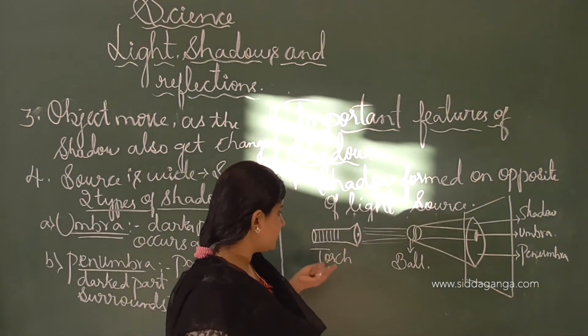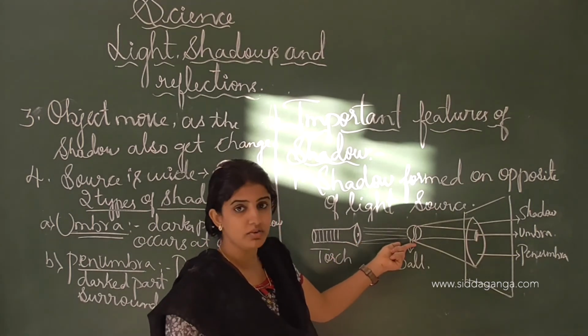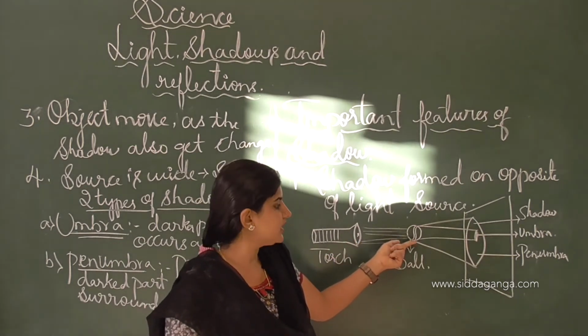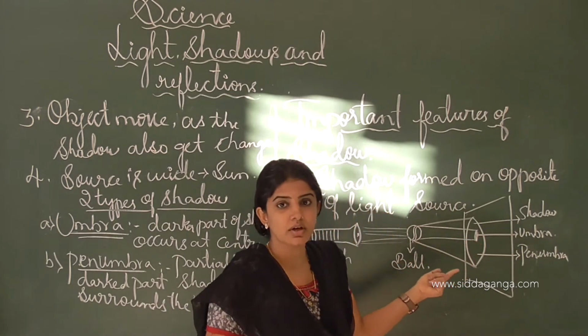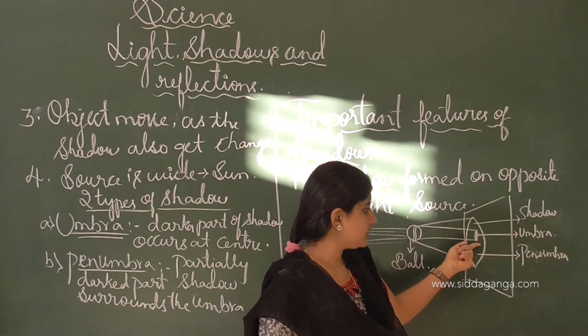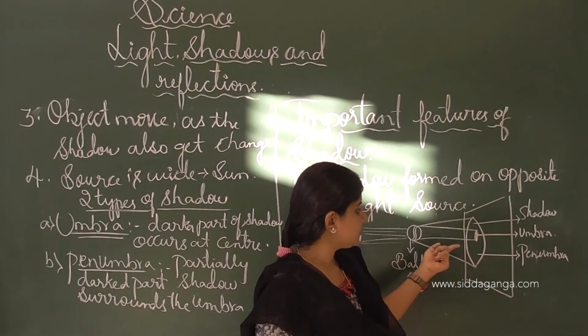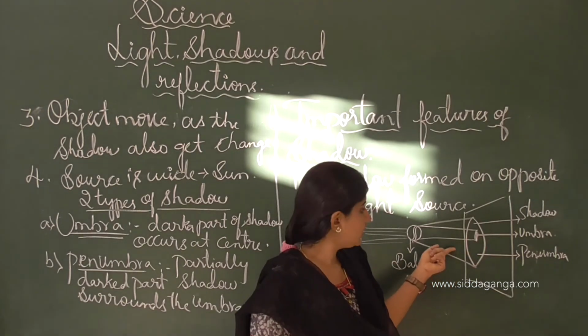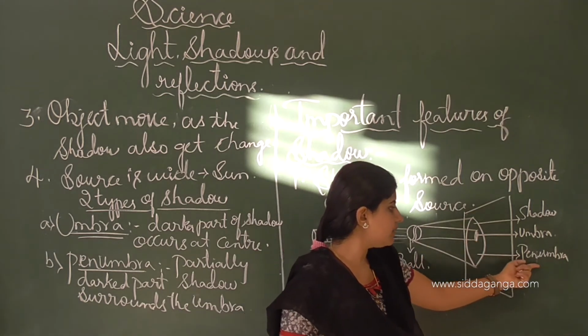If I put on the torch, when the rays of the torch fall on a ball, which acts as an opaque object, then the umbra stage is formed at the center of the shadow. The penumbra stage, which is partially lit and surrounds the umbra, is nothing but the penumbra.